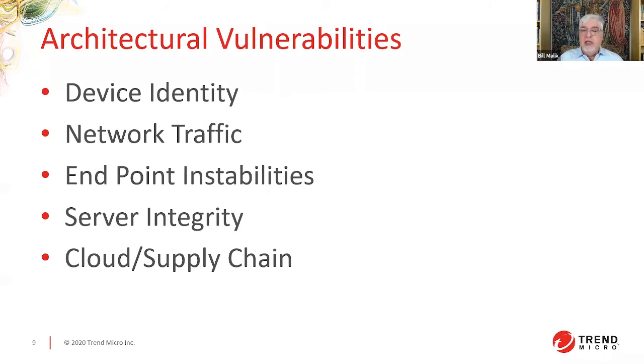So given the kinds of problems that we see in the environment, and this does not restrict itself to industrial control systems, this is IT systems generally. One of the problems is the identity of devices. We need to know which component is which. If you run an environment where you have unnamed devices, or you have devices that have the same identifier, your environment is now unmanageable.